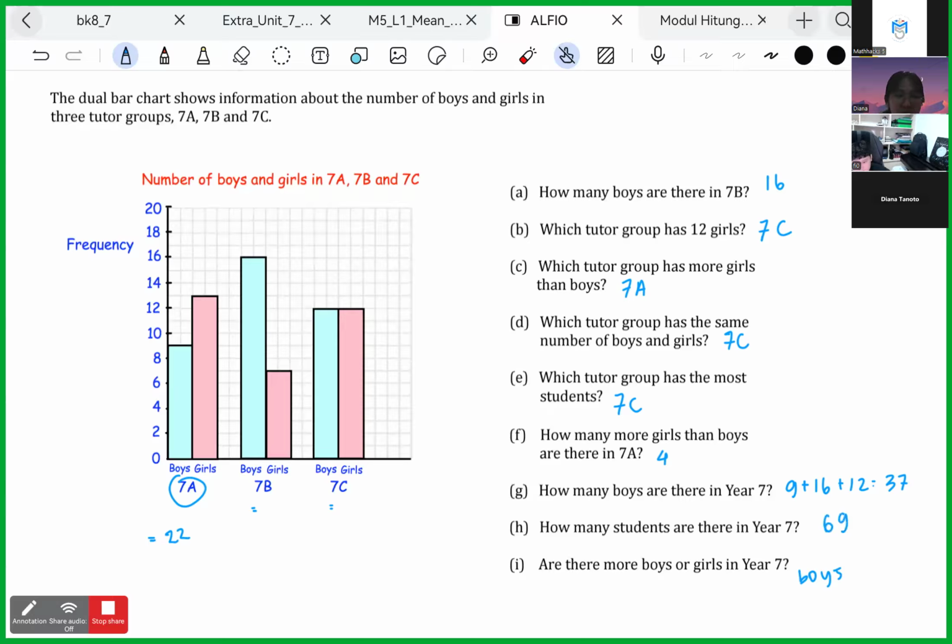What is the total number of students for 7B?